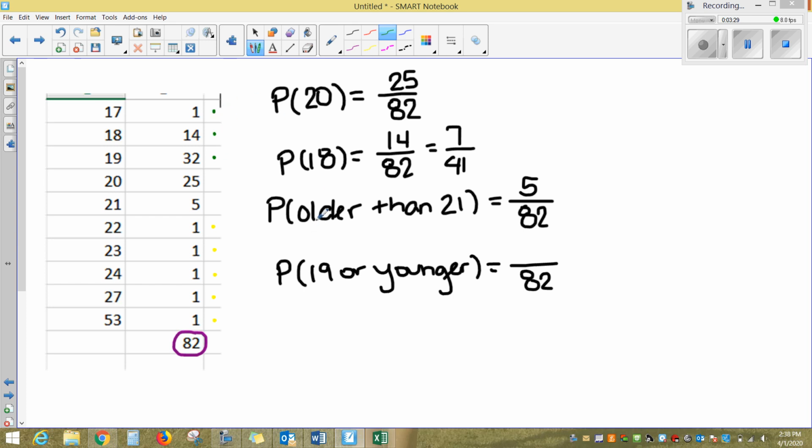Okay, 19 or younger means 19, 18, or 17. If we add these up, there's 46, 47. 47 of those students out of 82 were 19 or younger when they took this survey. And again, the only one that wasn't in lowest terms was this one up here.